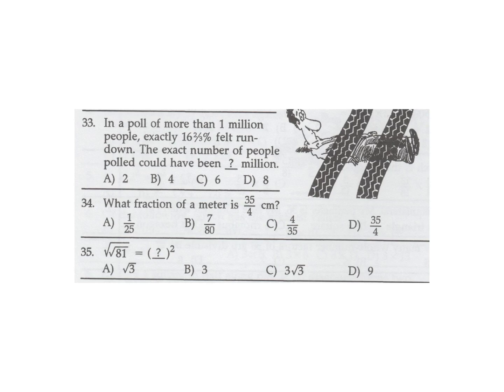In a poll of more than 1 million people, exactly 16 2/3% felt run down. The exact number of people polled could have been... So 16.6 repeating over 100, that's basically the equivalent of 16 2/3 percent of some number, which is going to be an integer.